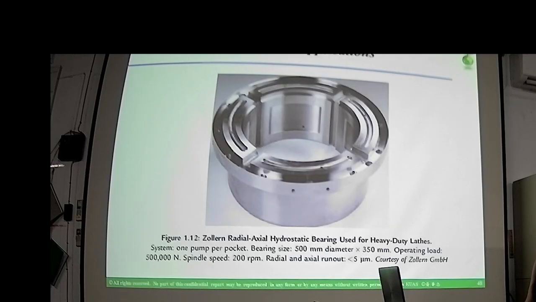And this is another example of the rotary table made by the German company named Zoller. Okay. You have here thrust bearing 1, 2, 3, 4, four recesses thrust bearing, and journal bearing here you have also 6, I think. There are 6 bearings at the journal bearing.